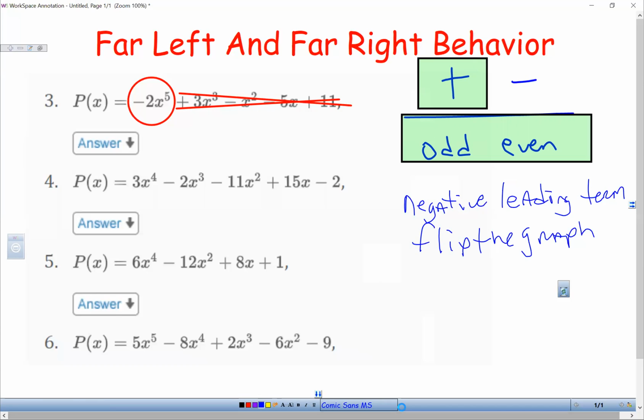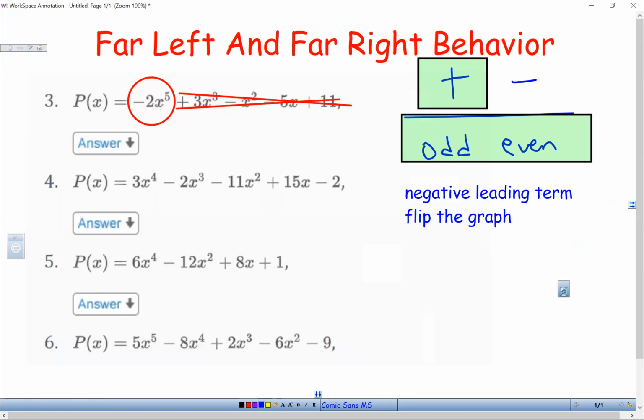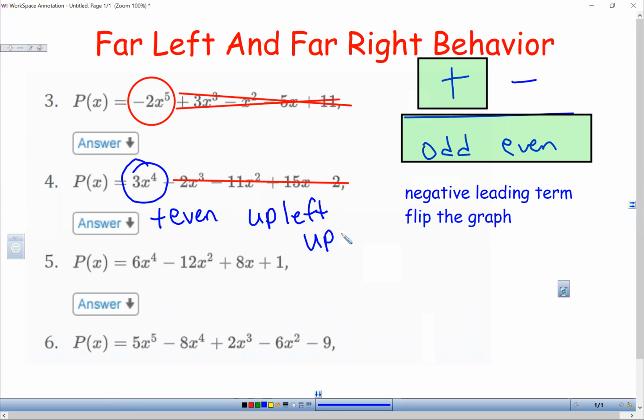So if you remember what positive is, then when it's negative, you just know that they reverse, okay? So I'm going to start with the second one since the second one is positive. So here is our leading term. Again, we're going to cross everything else out. This one is positive, and the exponent is even. So when it's positive and even, the graph will go up on the left and also up on the right. And that's it. That's all there is to it.